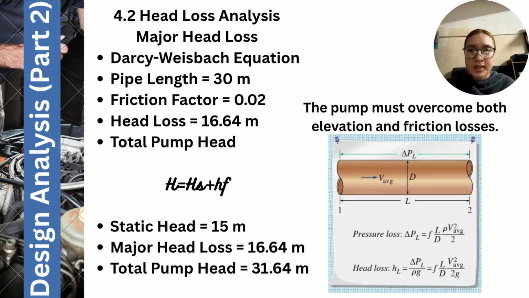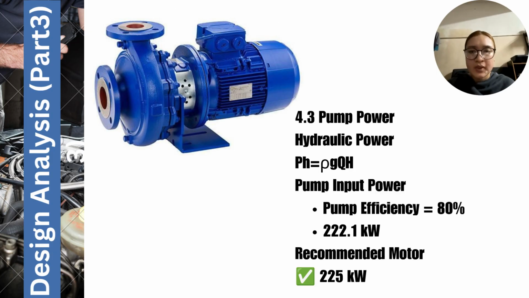4.2 Head loss analysis. The major head loss due to pipe friction is 16.64 meters. After adding the static head of 15 meters, the pump must generate a total head of 31.64 meters. The pump must overcome both elevation and friction losses. 4.3 Pump power.